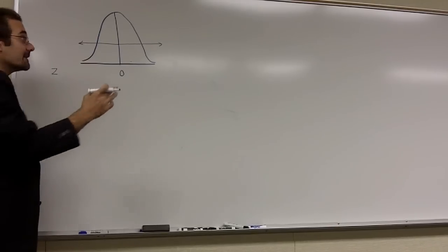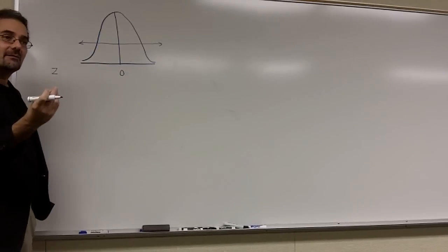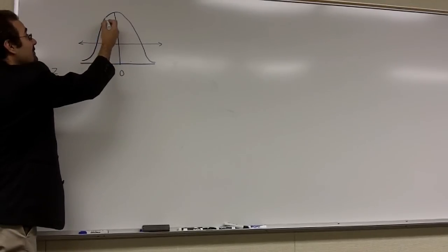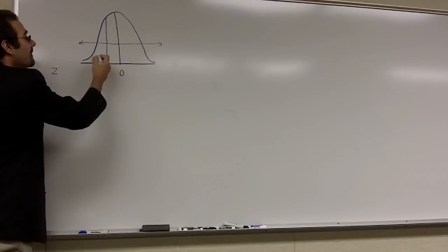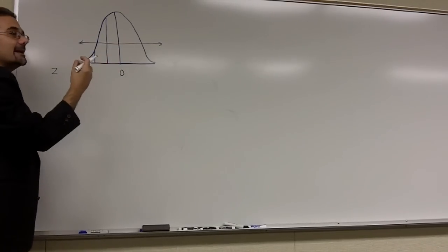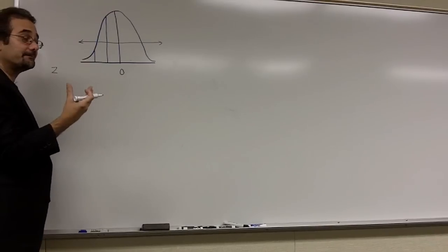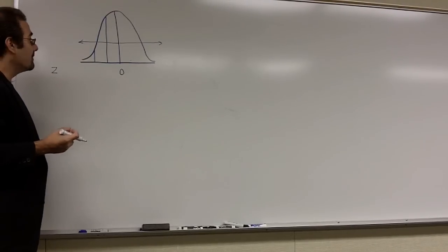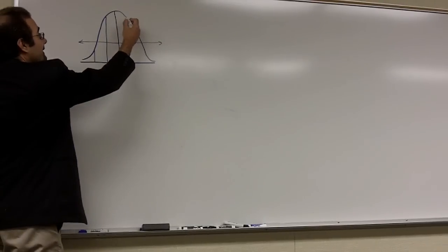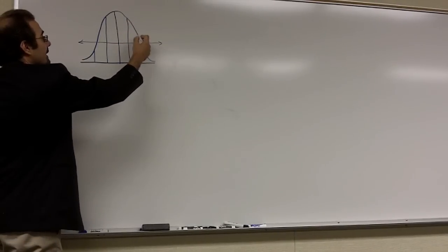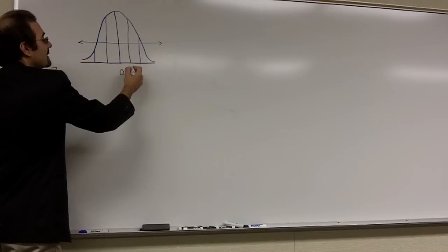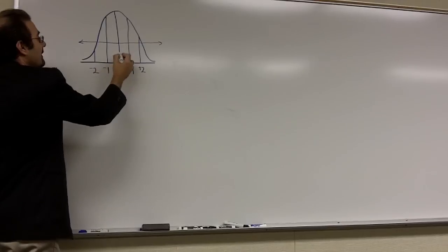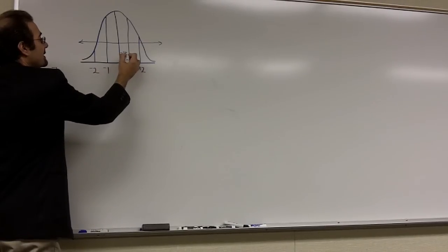However, because this is a mathematically determined distribution, we have the ability to tell exactly the probability of randomly picking a score between any 2 points of the distribution. But we have the tradition of dividing the distribution into +1, +2 standard deviations, and -1, -2, and then we can put percentages on these.